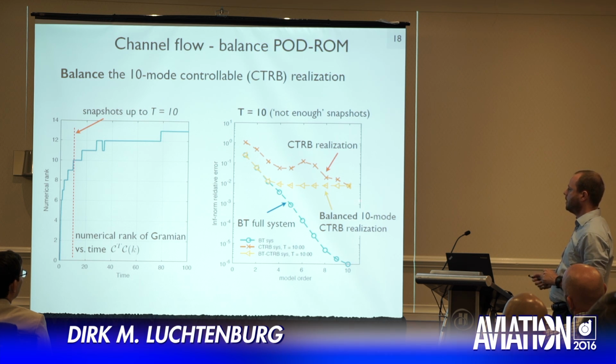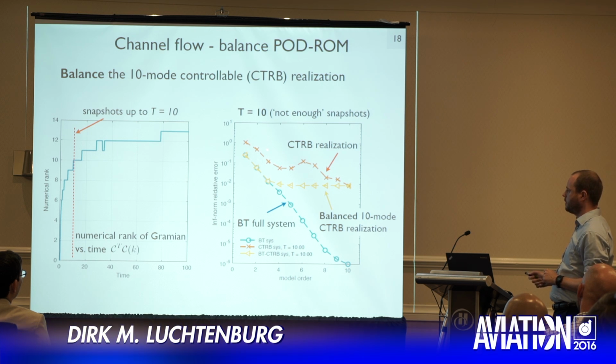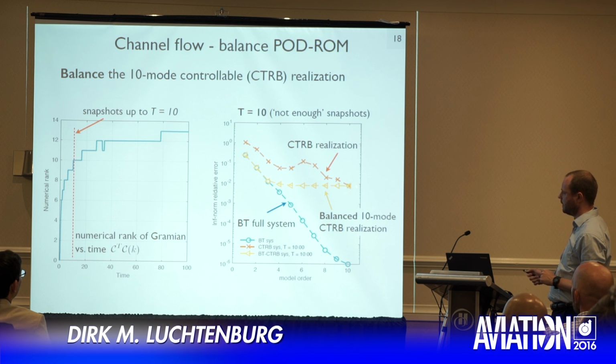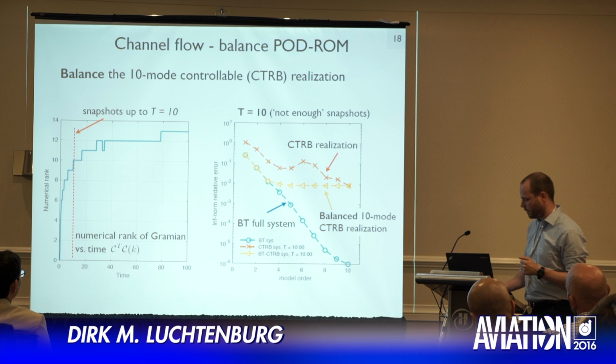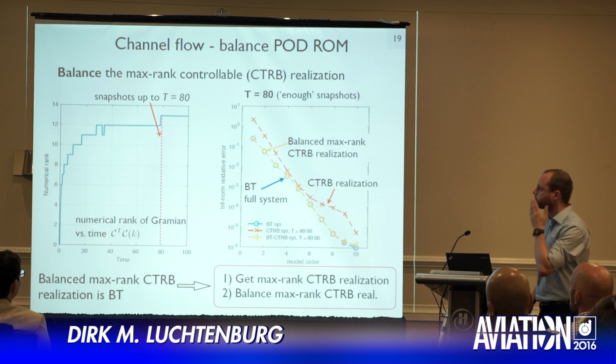Now, since this is a 10-mode controllable realization, if you reduce the rank of that, it finally is going to have the same order, the same error, but it takes a while. You need a model order of 10, whereas if you first take the full controllable realization and then balance, at order 3 you already get a good model.